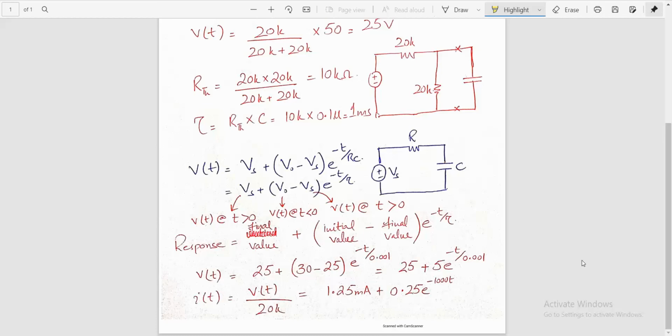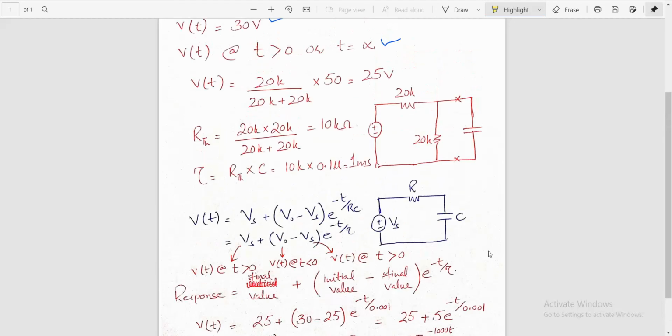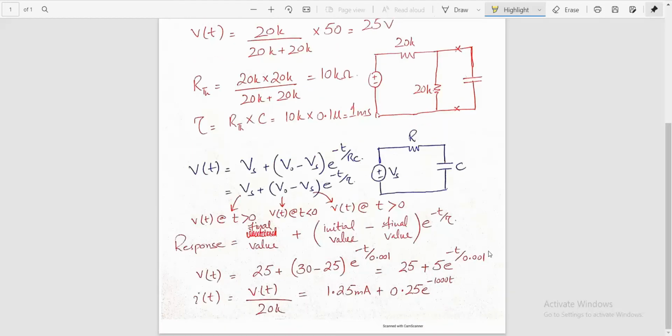So we can say that Vs present in this equation is the value of voltage across the capacitor at some time t far greater than 0, or t equal to infinity. It may be termed the final value. V0 was the initial value of voltage across the capacitor.